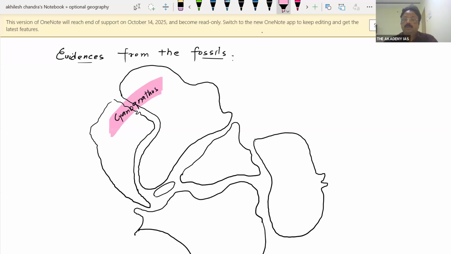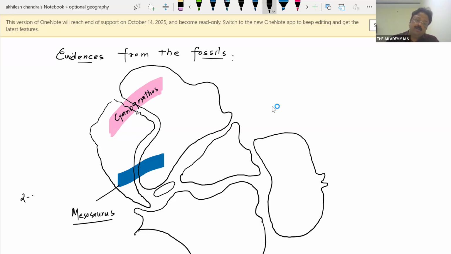Fossils of Mesosaurus were recovered from the southern part of South America as well as Africa. Mesosaurus was also a reptile, a 2 to 3 meter long reptile.